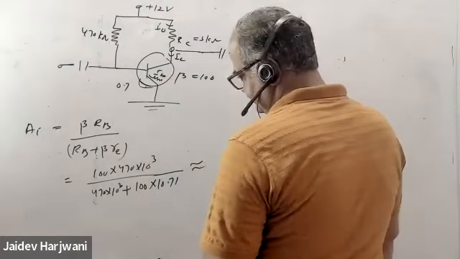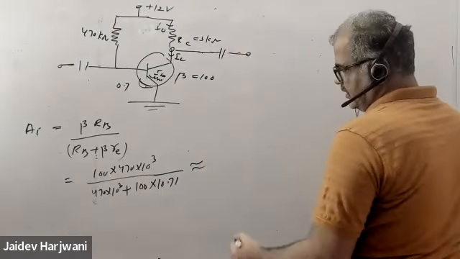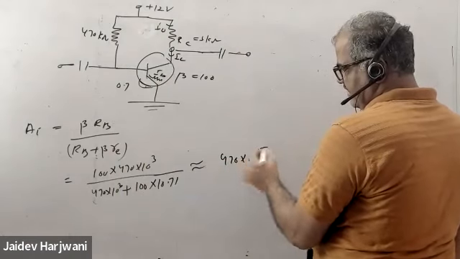So here you have 470 into 10 raised to power 5.